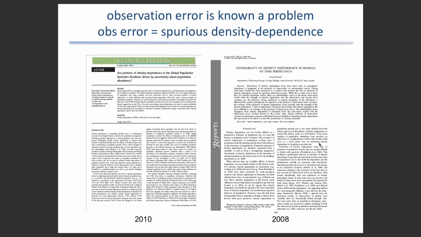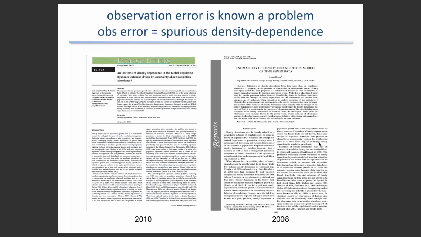Okay, so what we're going to be talking about today is using examples where some of the examples will be assuming no observation error. I say some of the examples because Mark's going to be talking about a study where they did include observation error.